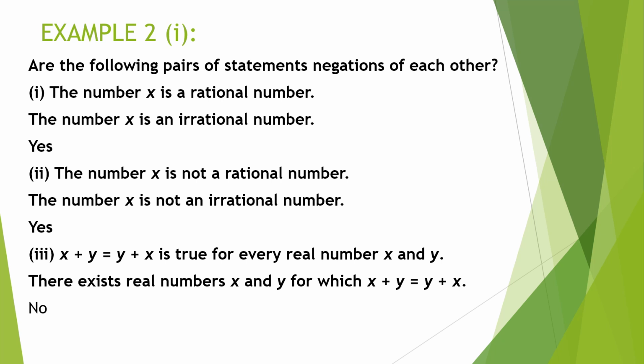So its negation is x plus y is not equal to y plus x for some real numbers x, y. The second statement here is there exist real numbers x and y for which x plus y is equal to y plus x. Obviously both are not negations of each other.